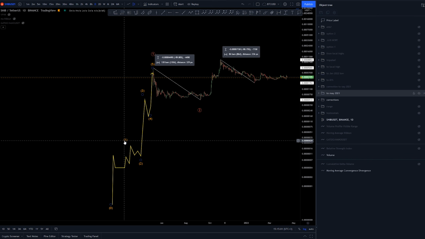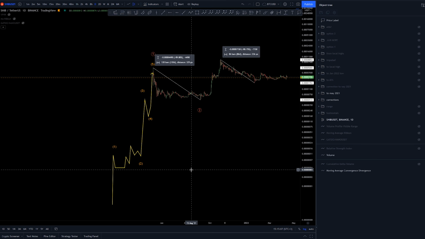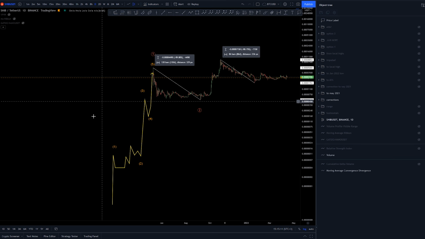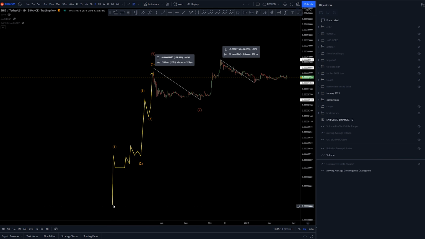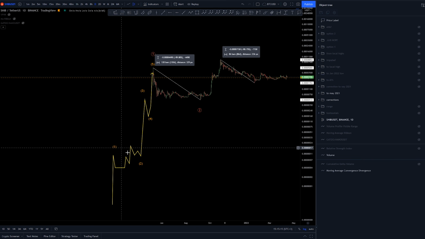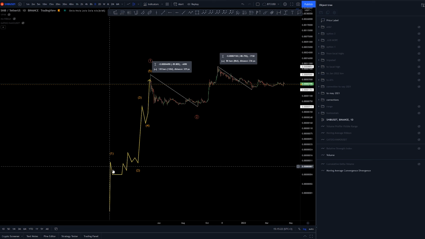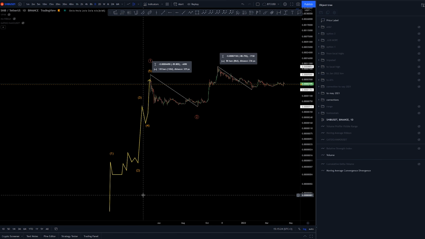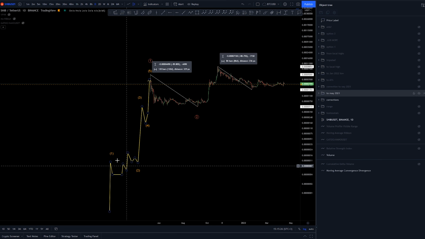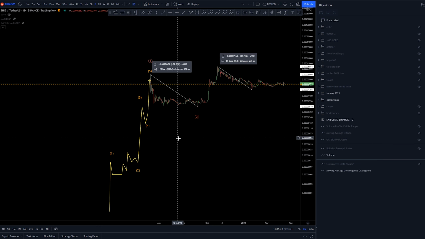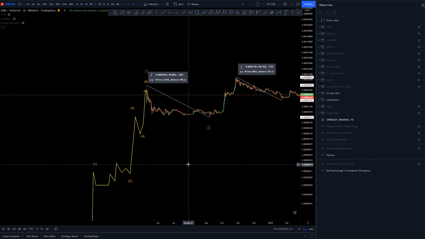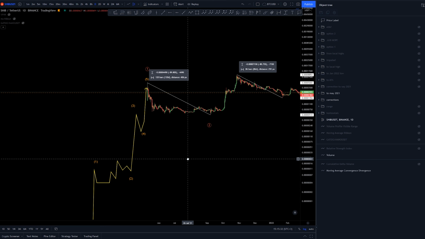This is drawn by hand from a picture, so don't get too caught up on this, as it is not really precise. But this gives some information, which looks like a really nice clean impulse wave. First a 1 2 3 4 5, and you can check that in CoinMarketCap if you would like to.